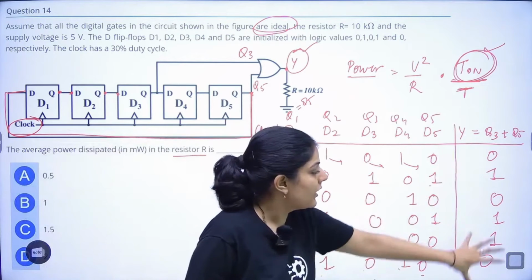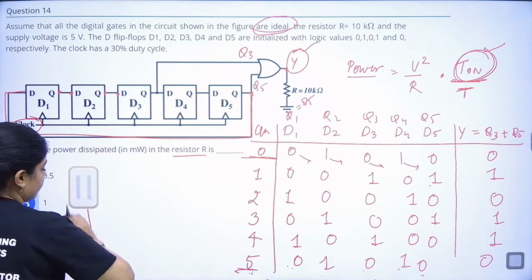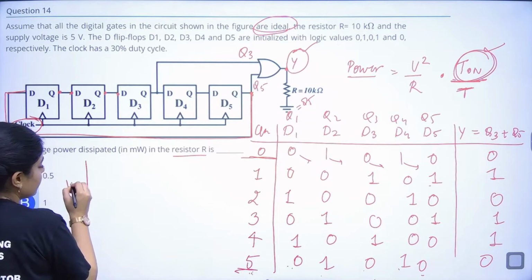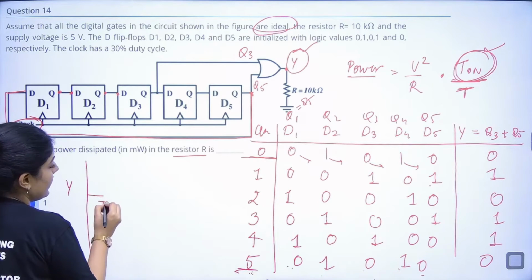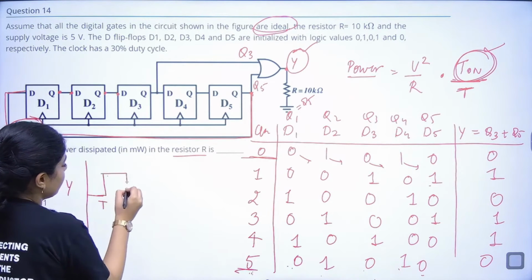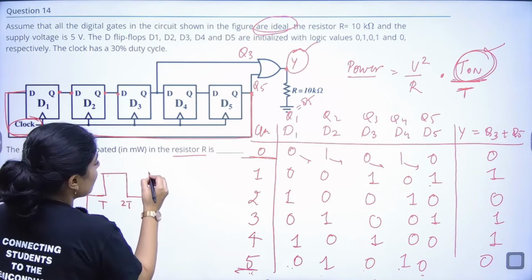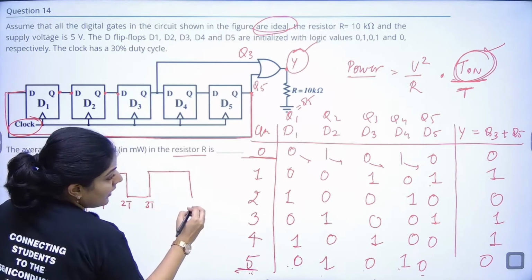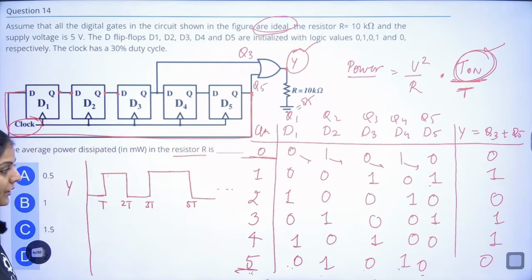So output is given like this. If I draw the output here, output is 0 initially. For T, it is 1. For 2T, it is 0, and it is 1 and 1 for 3T and 5T, and it will repeat itself again and again after this, right?